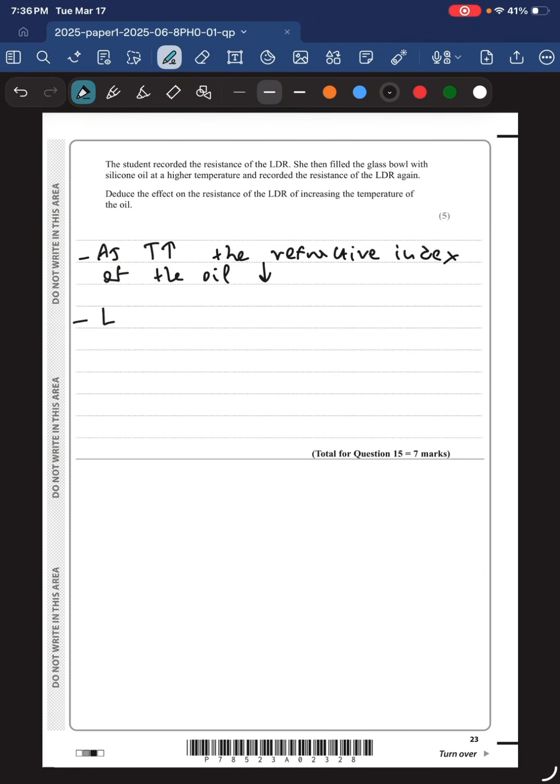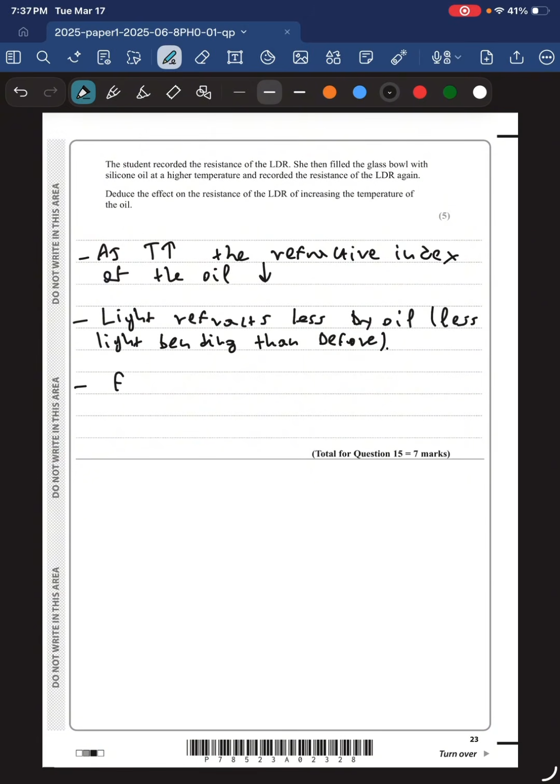Okay, so now light refracts less by the oil. So we have less light bending than before. So the focal length f increases.